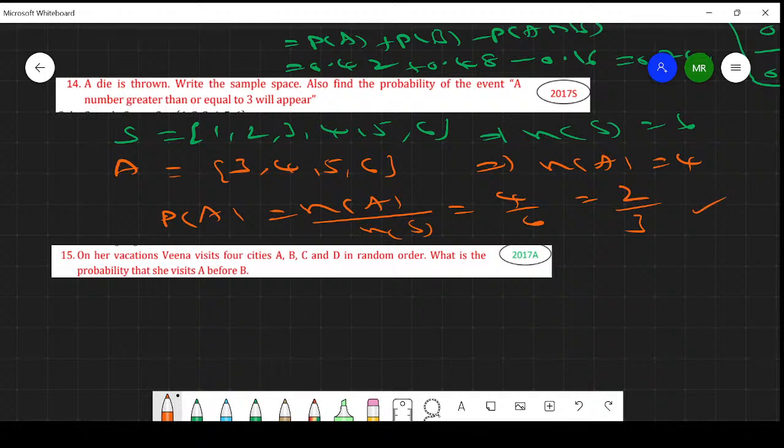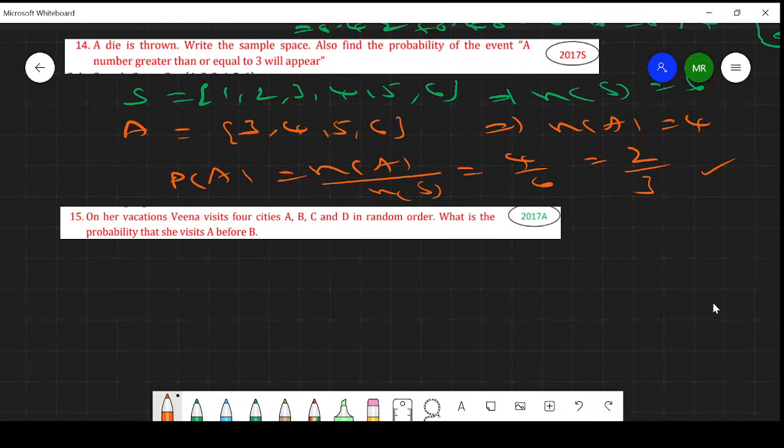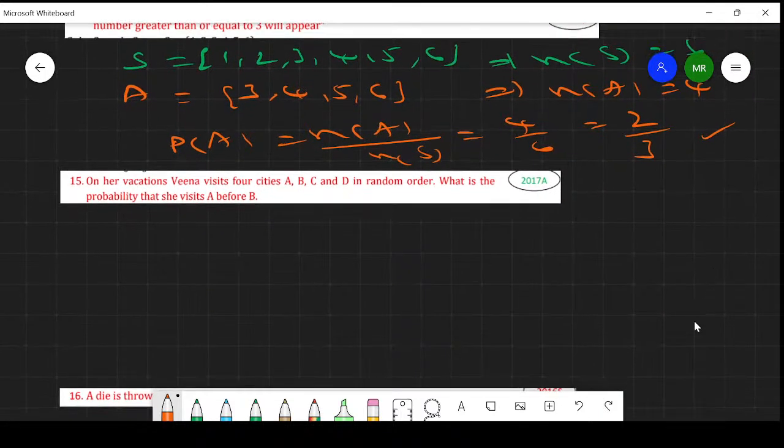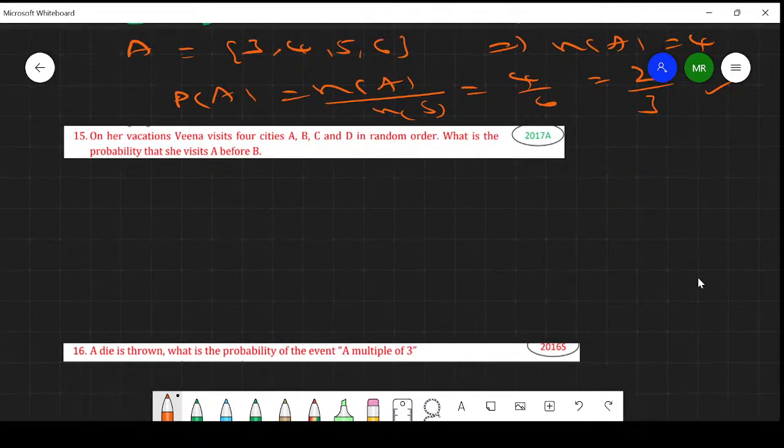Simple thing. Next one. On her vacations, Veena visits 4 cities A, B, C and D in random order. What is the probability that she visits A before B?